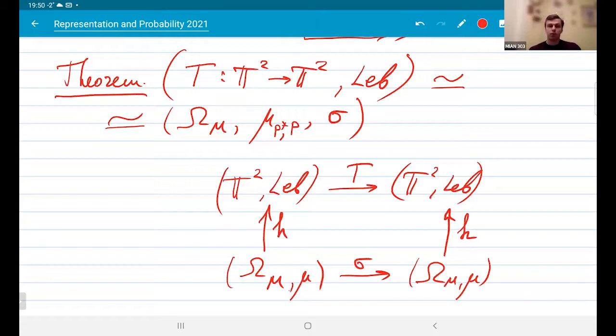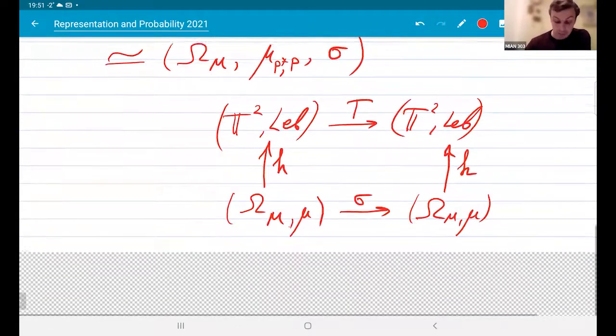So, for example, H should map the Lebesgue measure to mu, so the pullback of Lebesgue measure under H should be mu. This is a theorem. And maybe I'll start this explanation today, and maybe I'll finish it next time because we have not too much time today.